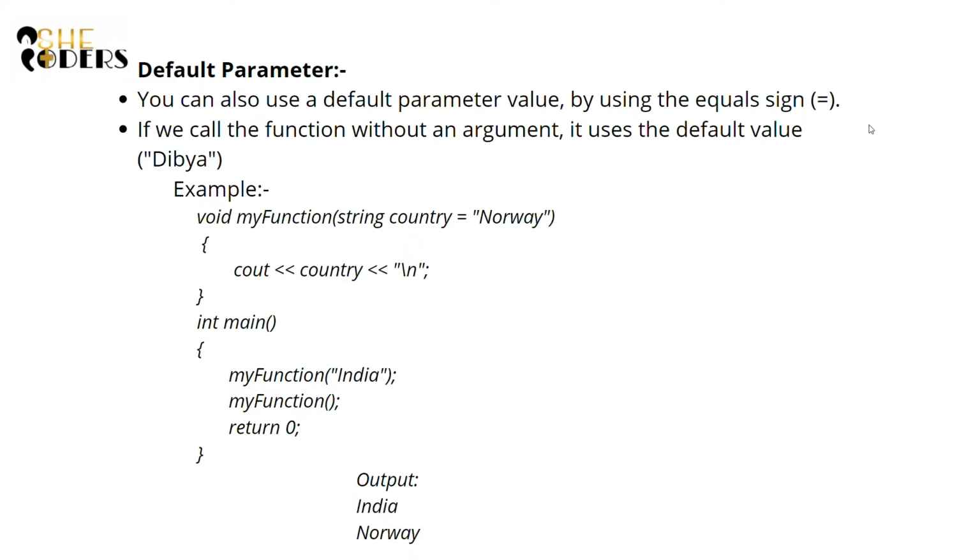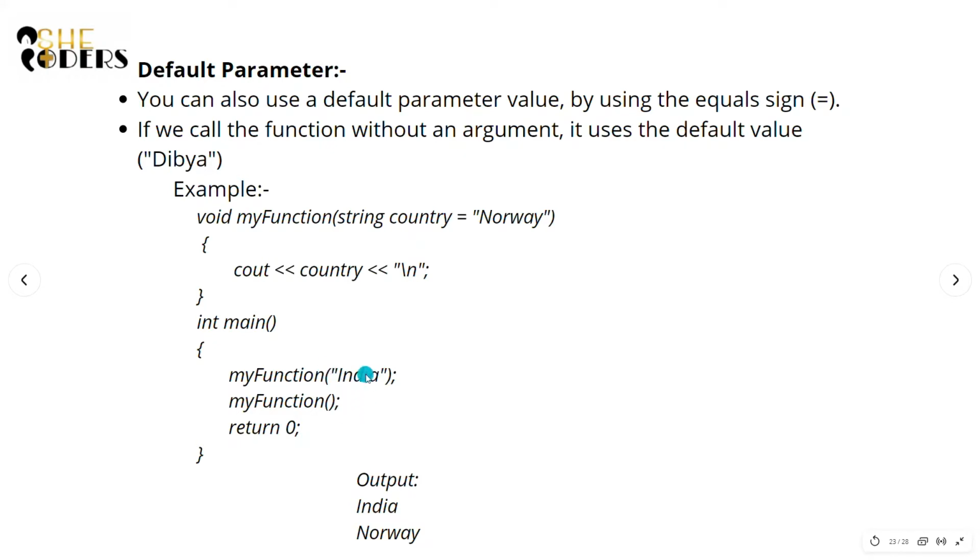Here, whenever we call the function without any argument, it uses the default value that is present. In the case of my function, the default value of the parameter country is Norway. Here you can see I have provided the argument India.